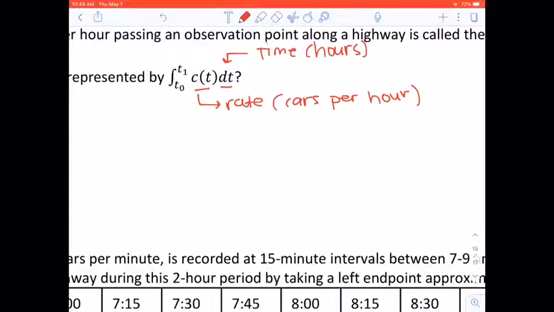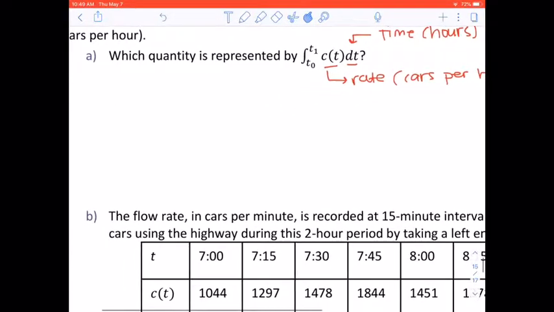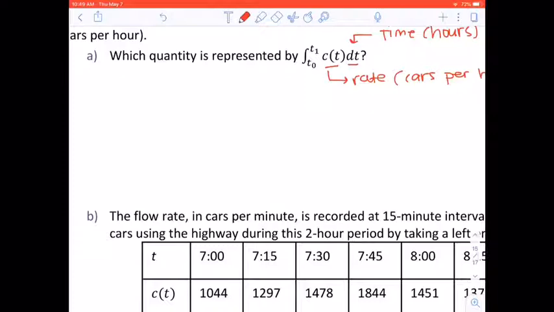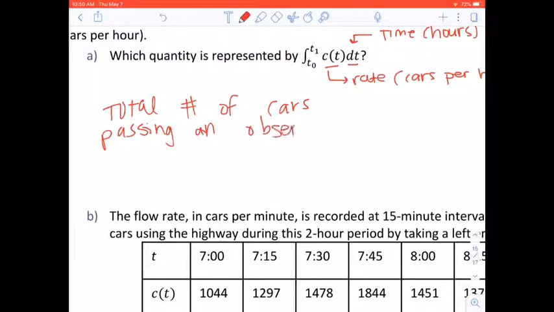So the integral from t0 to t1 of C of t times dt is going to be explained as, it represents the total number of, and if you were to multiply cars per hour times hours, we get the total number of cars passing an observation point between the time t0 and t1.